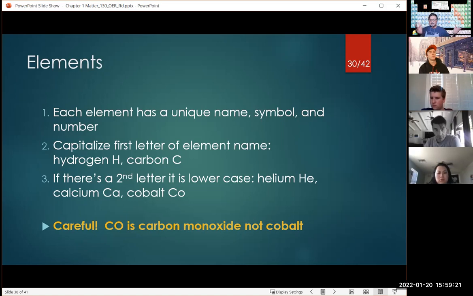Totally different. So be careful when writing the second letter, because you may be wanting to write carbon. Let me show you what I'm talking about here. Here's cobalt, lowercase o. If that O is written uppercase, you are writing carbon monoxide, which is definitely not cobalt. And when we talk about science, we have to be exact with what we're trying to write and state.